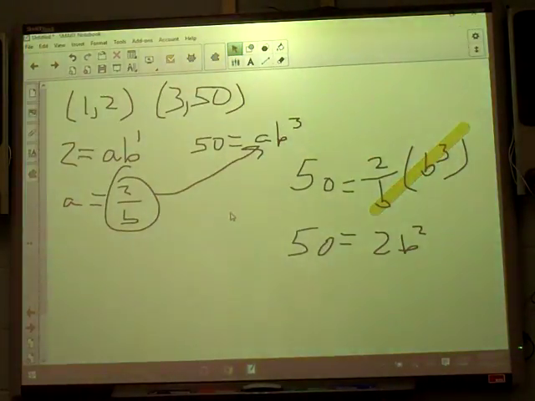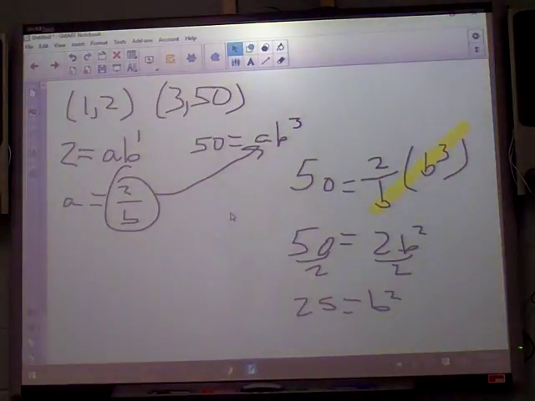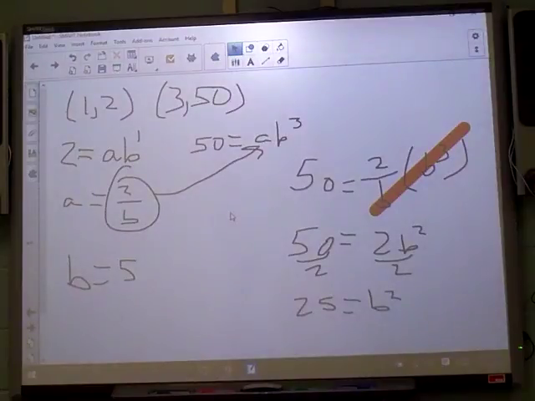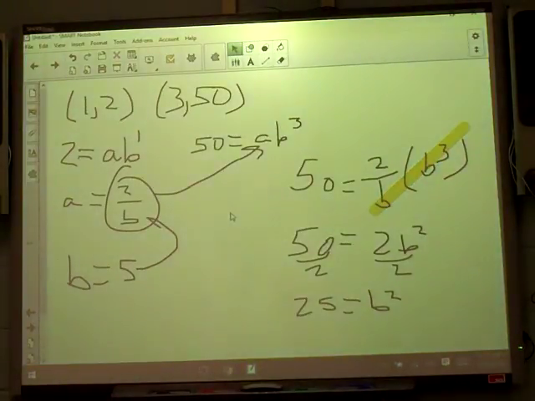So you get rid of that multiplication of 2 by dividing by 2. So that'd be 25 equals B squared. Undo a squared by square rooting. So what's the square root of 25? 5. So our B is 5. Ain't too hard. Now take that, plug it back in here to figure your A out.